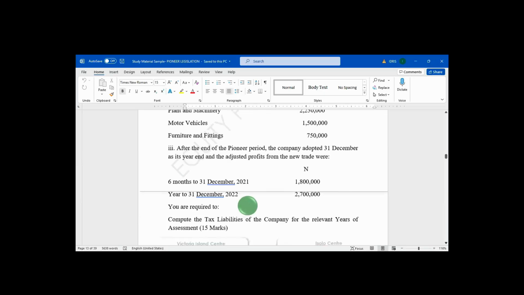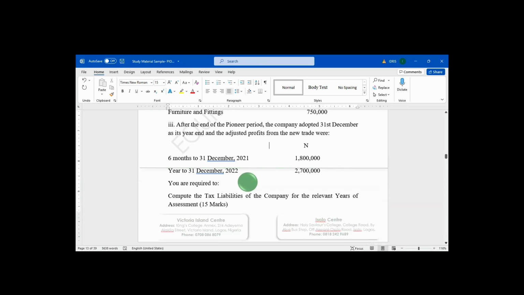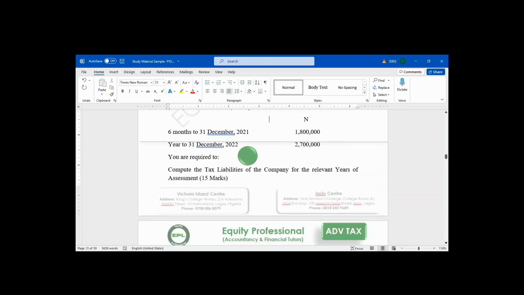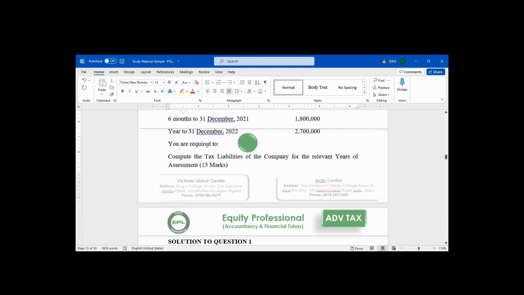After the end of the Pioneer period, the company adopted 31st December as its year end, and the adjusted profit for the new trade were 6 months to 31st December 2021, year to 31st December 2022. You are required to compute the tax liability of the company for the relevant years of assessment. All figures assumed correct.